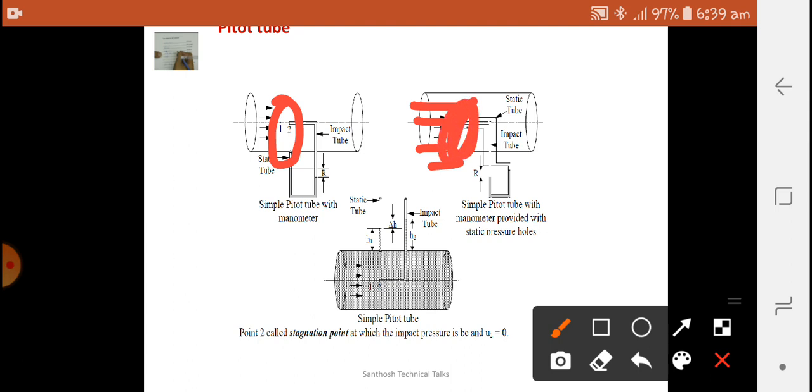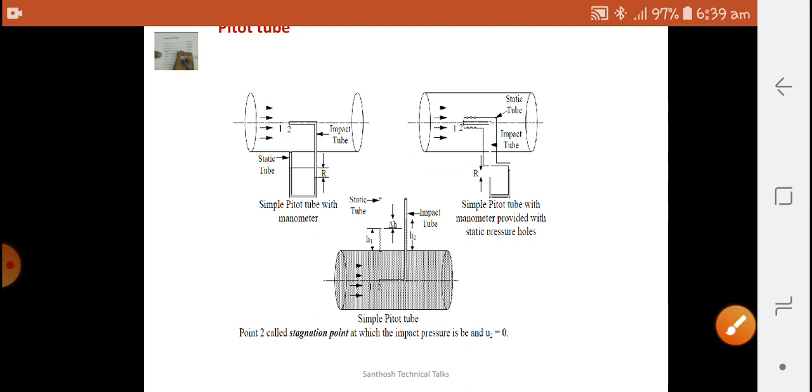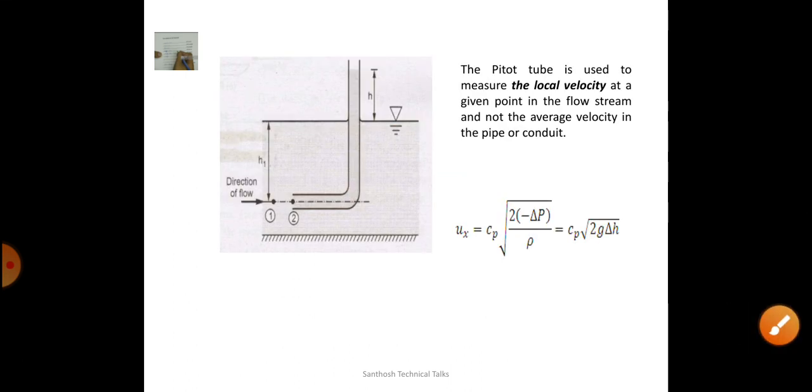That is why it is called a stagnation point. At the stagnation point, the impact pressure is there, where the velocity is zero. If you notice, at the stagnation point the velocity is zero, therefore the pressure is maximum.